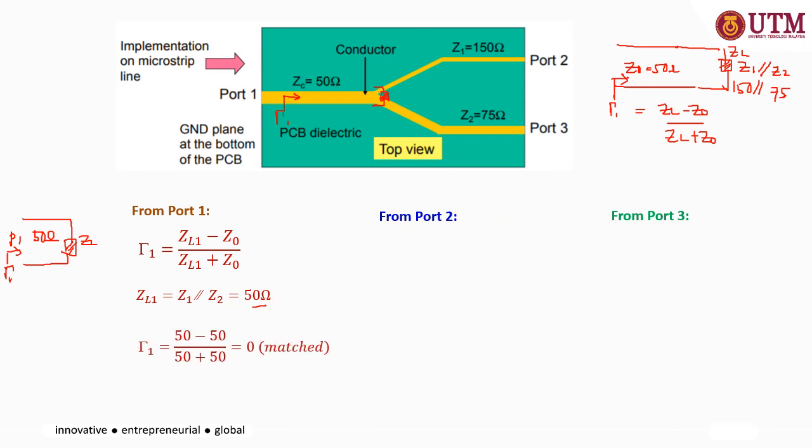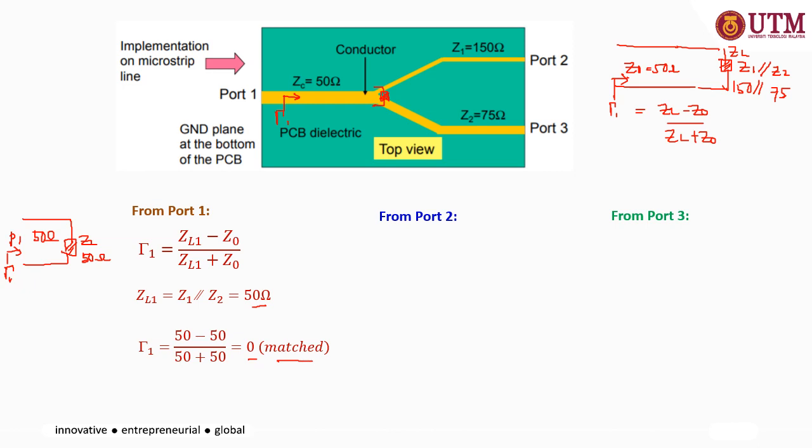So you get the gamma 1, or reflection coefficient at port 1, equal to 0, in which we can say that port 1, or transmission line 1, is in match condition. Okay, let's look at port 2.